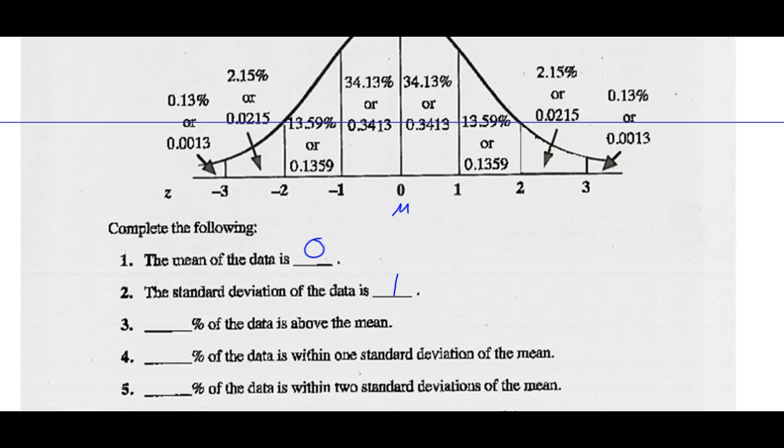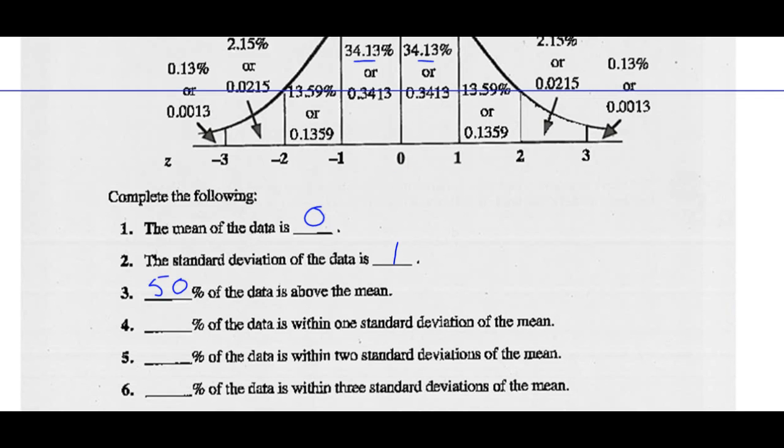The percent of data that is above the mean, if you add all that up, is going to give you, okay, the percent of data within 1 standard deviation of the mean. So 1 below and 1 above, we're going to add 34.13 plus 34.13, so 68.26% of the data. Percent of data within 2 standard deviations of the mean. So now we're going to add another 13.59 plus 13.59 onto that. And that would give us 95.44%. And then the percent of data within 3 standard deviations of the mean.